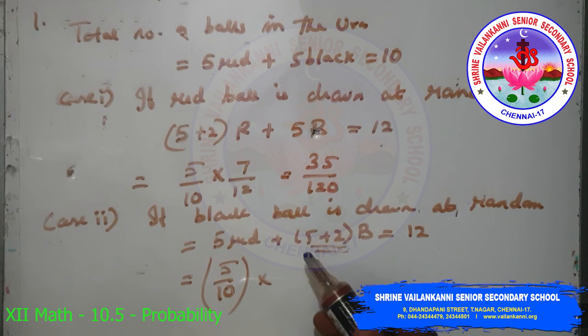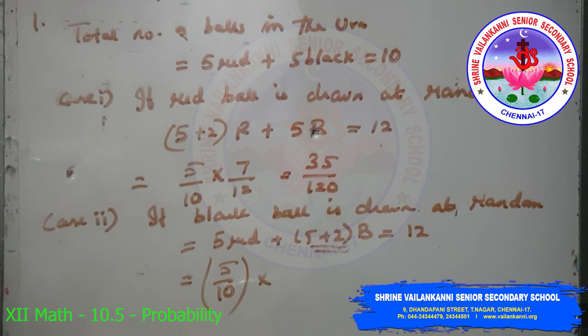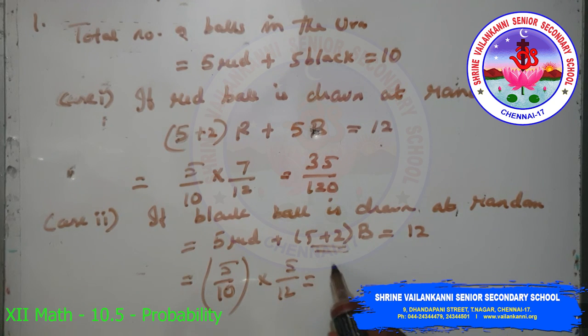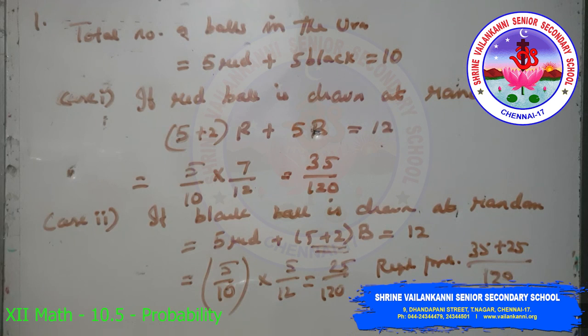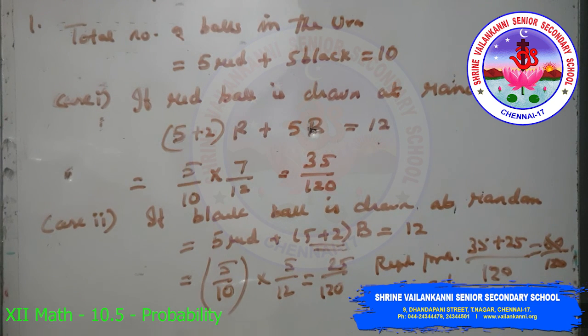So 5 by 10 into 5 by 12, which is 25 by 120. So the required probability is 35 plus 25 by 120, which is 60 by 120. So we get half. The required probability is half.